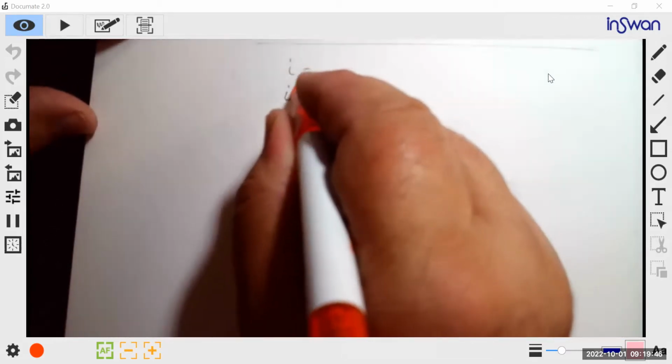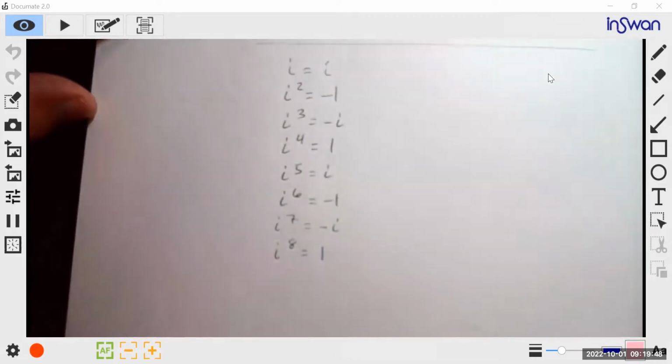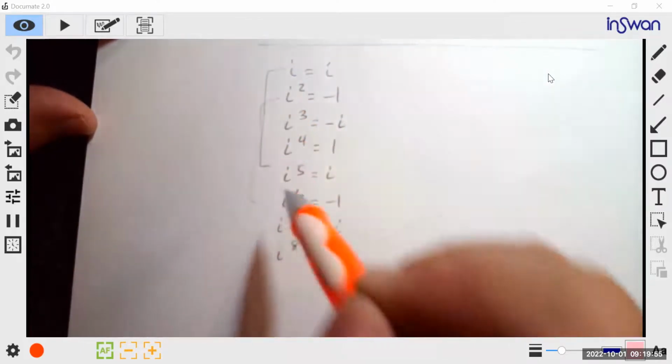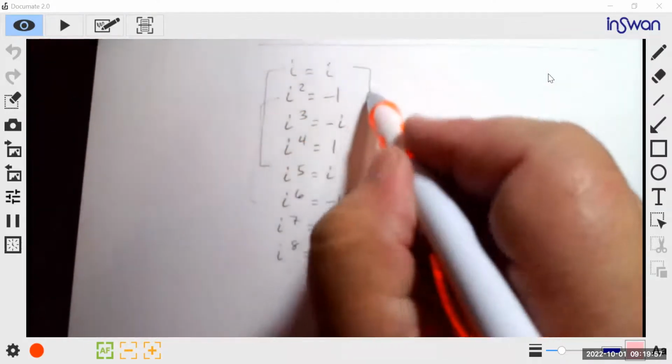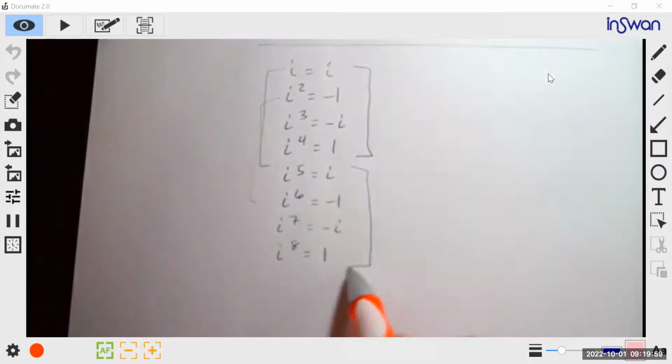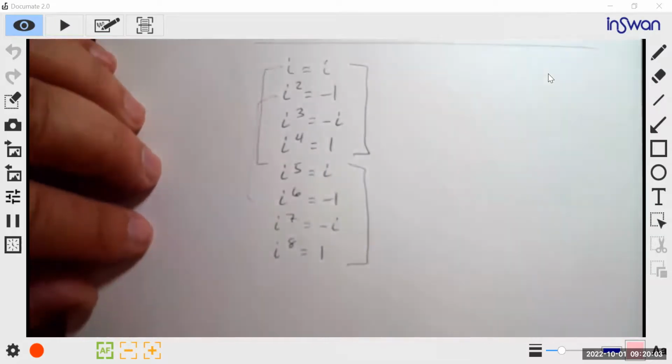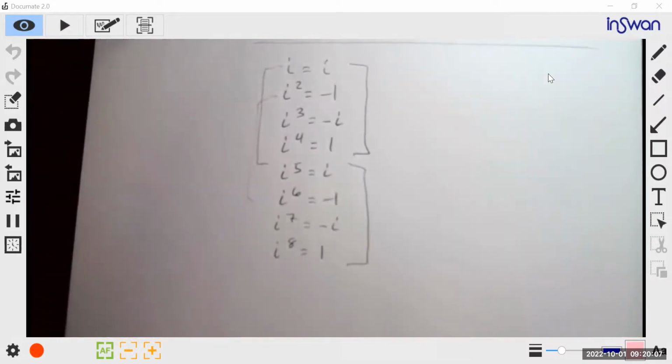So we see that they repeat themselves in groups of 4. They repeat themselves in groups of 4, and it's always this pattern.